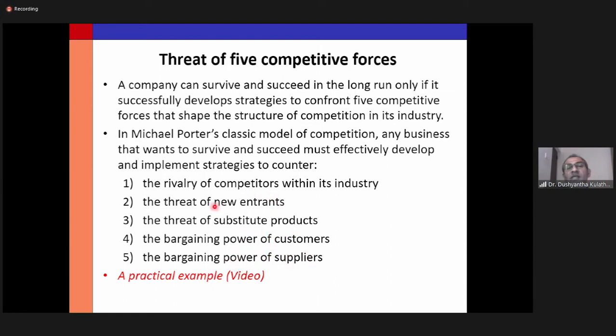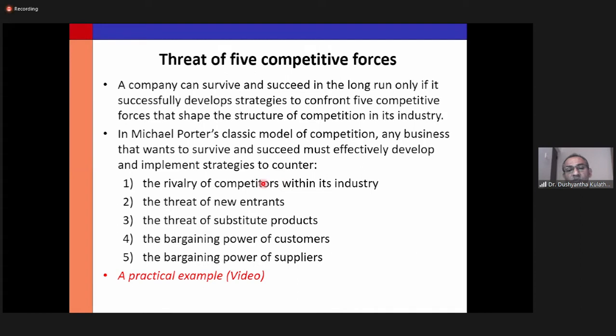Now I need to mention one other thing: when Michael Porter developed this model in the 1980s, it was the manufacturing sector that was dominating in the economies. So these models were developed based on research done especially in the manufacturing sector.